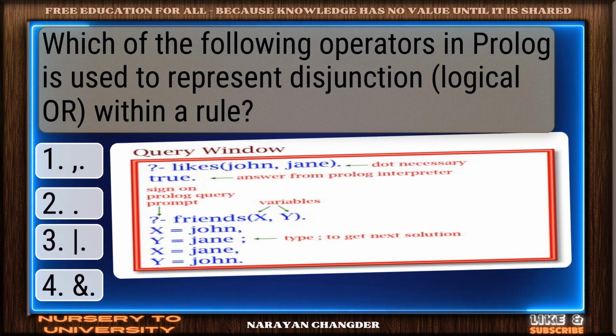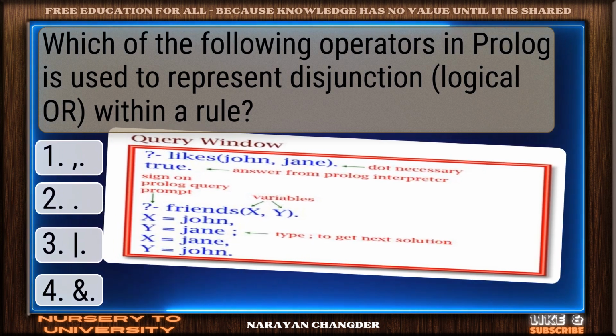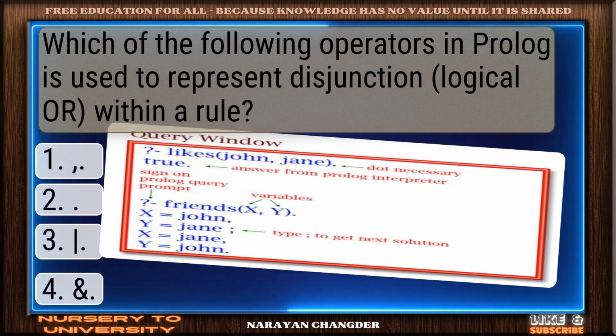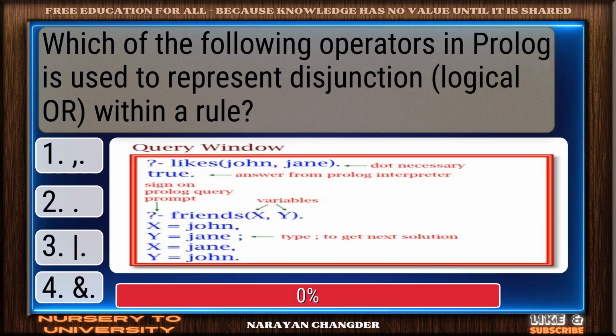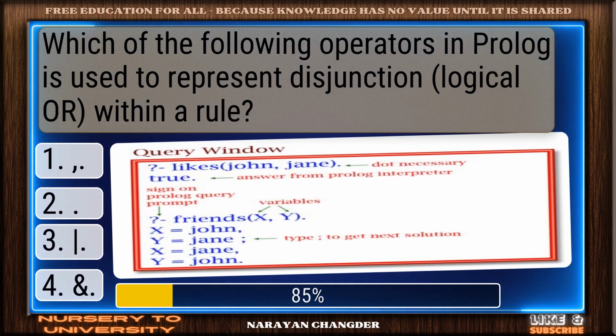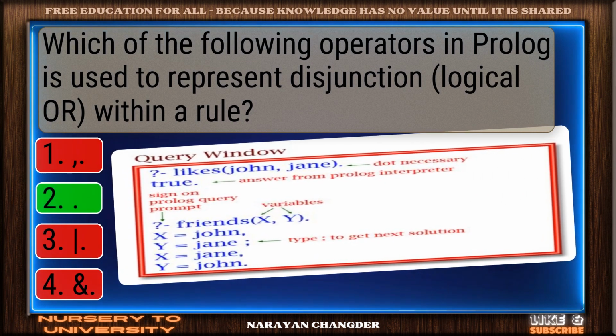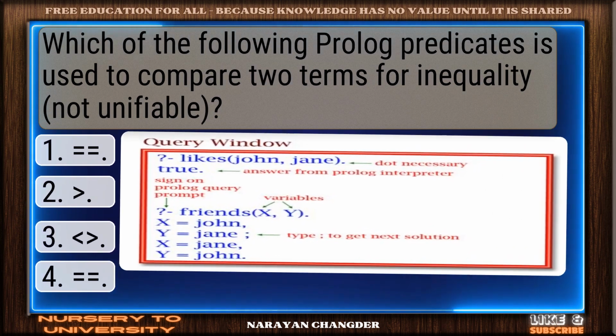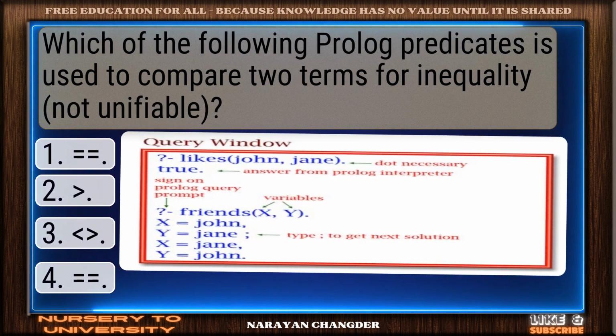Question number 5. Which of the following operators in Prolog is used to represent disjunction within a rule? Right choice is the best answer. Question number 6. Which of the following Prolog predicates is used to compare two terms for inequality?